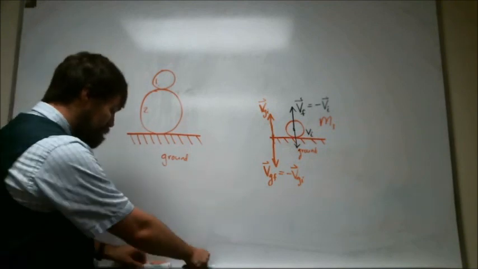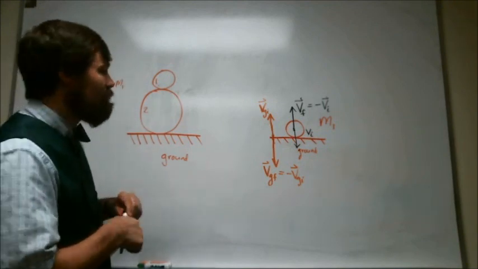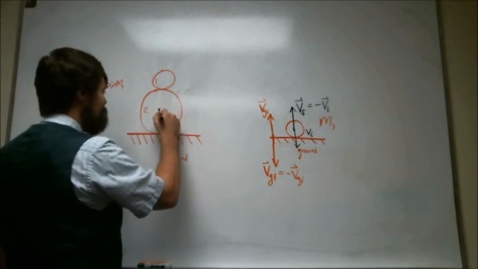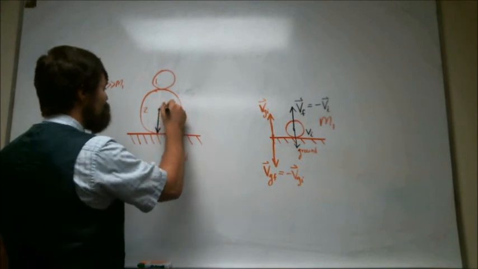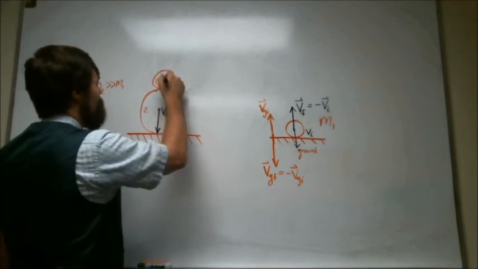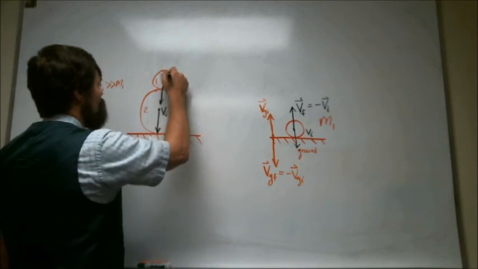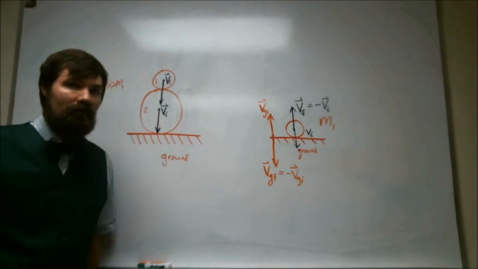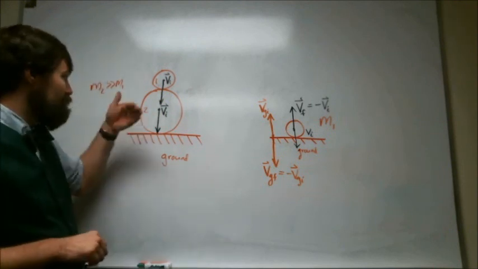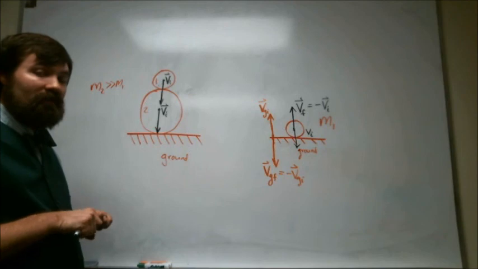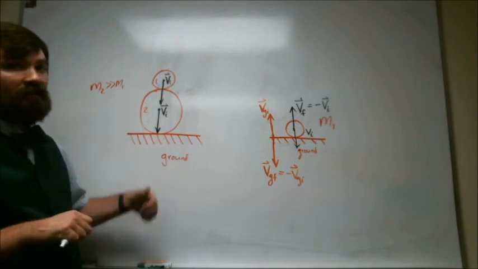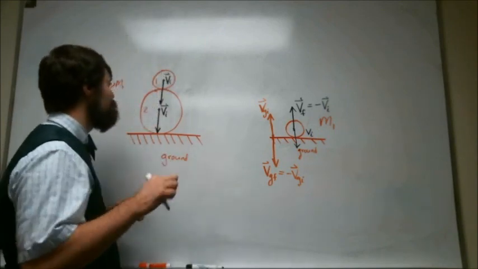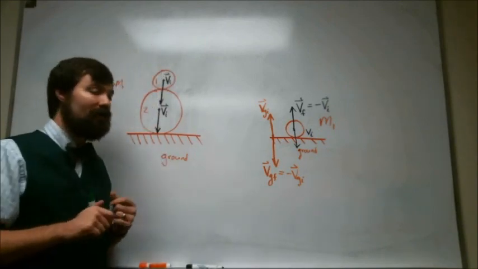So what do we have initially? Initially these two balls both have the same downward velocity, again V initial. This black line represents what an observer standing on the ground would see. So what does an observer standing on ball number 1 see happening?